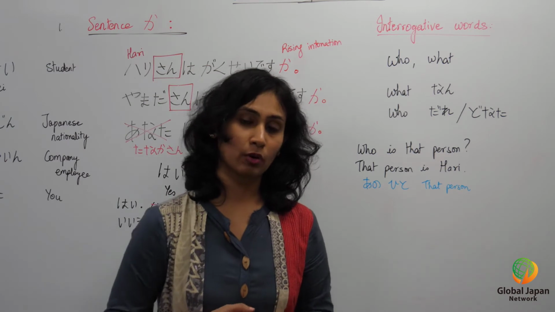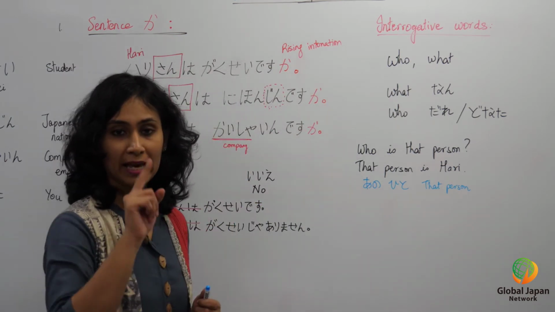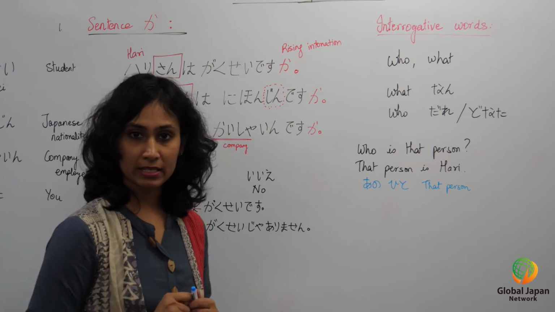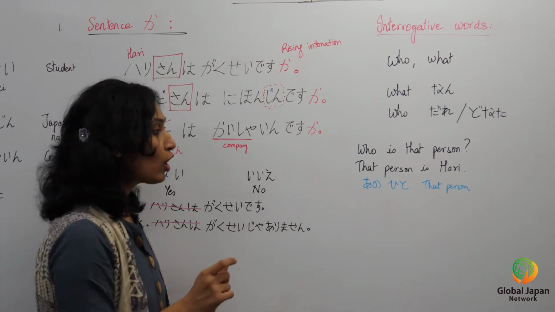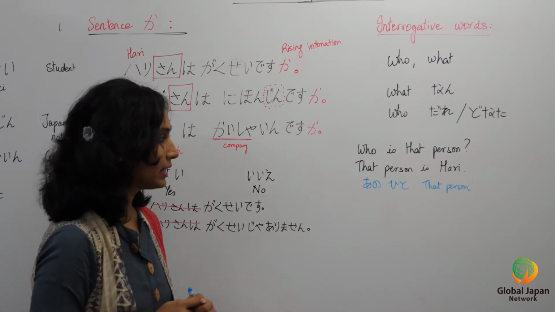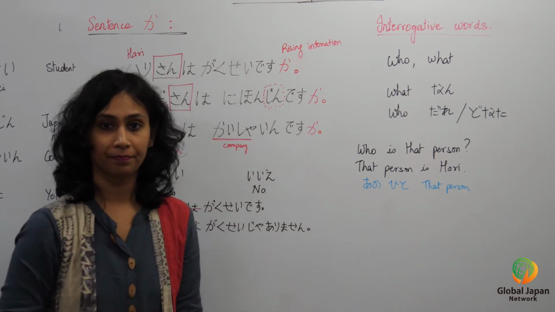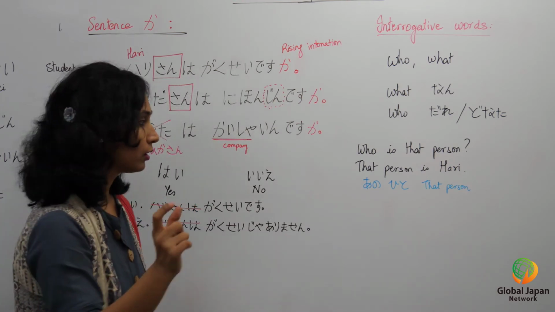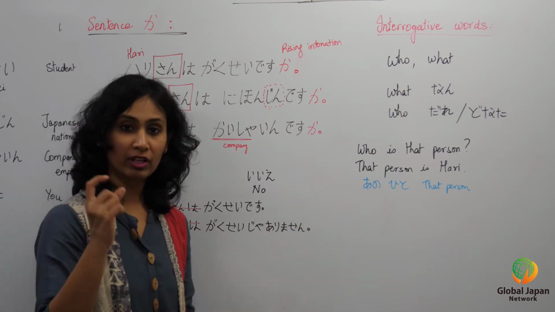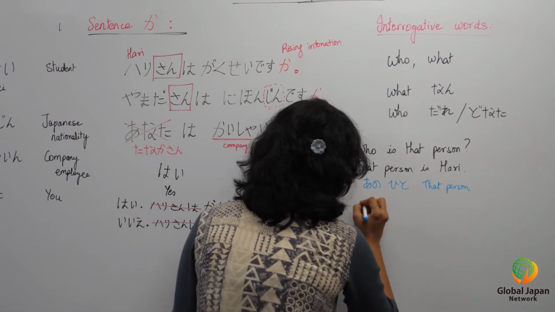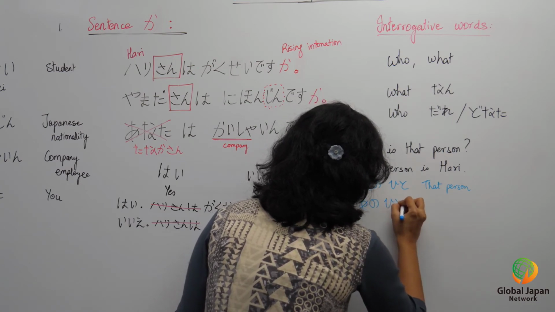So how to frame a question statement? The rules apply in that pattern. What is the topic here? Is it this or is it this? The topic is this one. So the sentence has to begin with the topic. Let me write the topic: anohito.